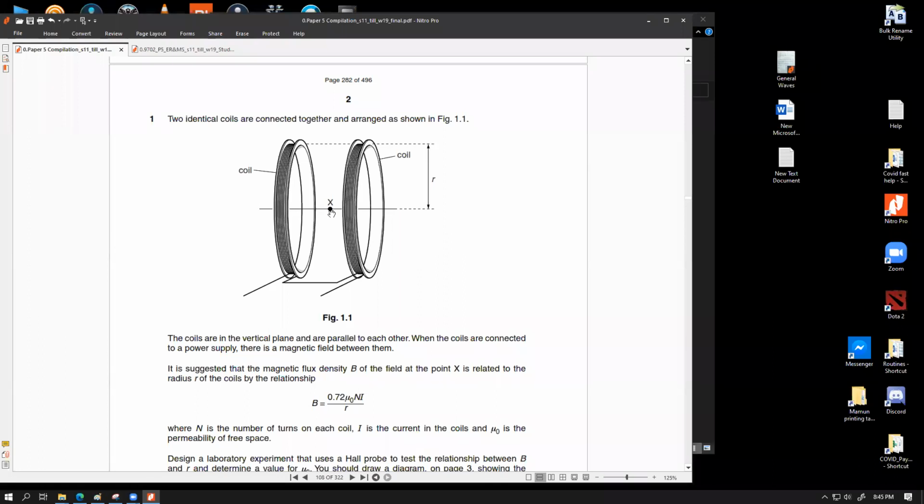Another thing that just popped in my head is that we should always repeat and average all the readings of the Hall probe for a single set of radius of the coil. What is pretty important is that between taking these readings, we should always give some gap time.